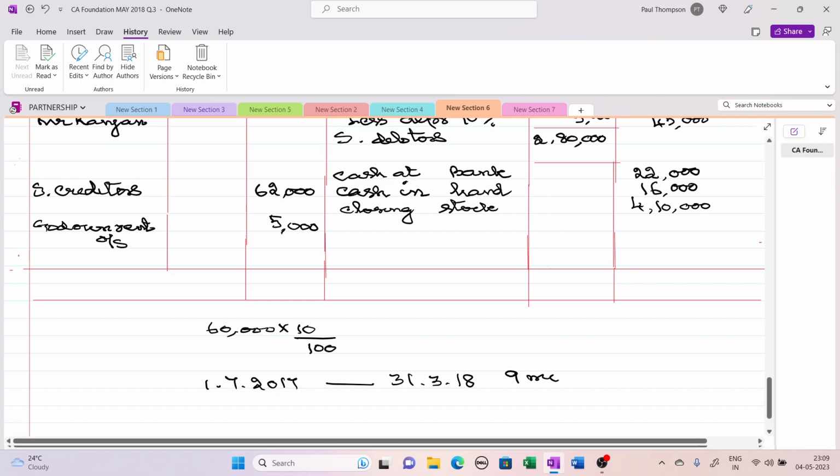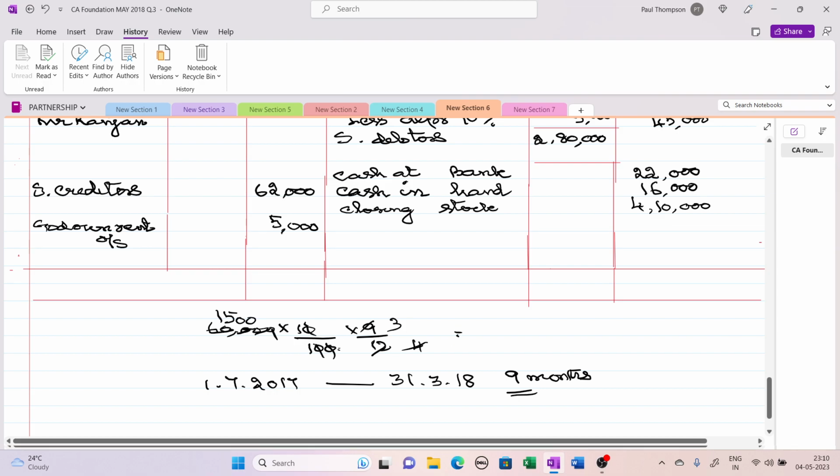So what is the interest payable for 9 months? We have to calculate that, 9 by 12. So if you take this, this is 3, this is 4, this 10 goes here, this 10 goes here, so this 4 is 15,000.